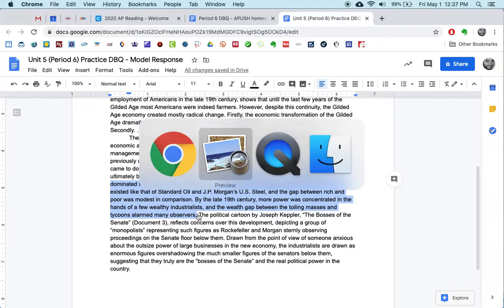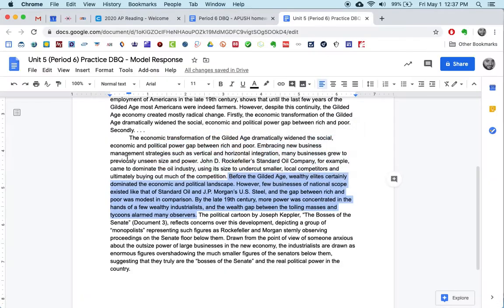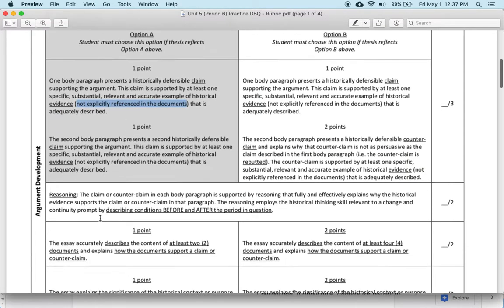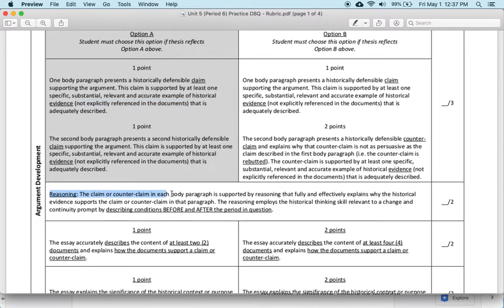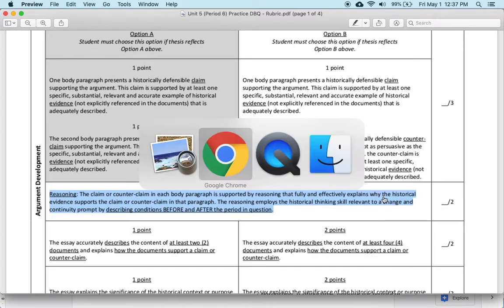That's where I earned the point for reasoning, and it's over here in this part of the rubric. And here I describe exactly what you have to do, describing the conditions before and after. So I've earned 1 point for that paragraph.